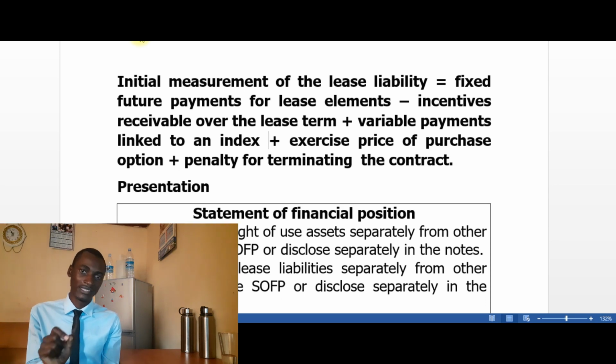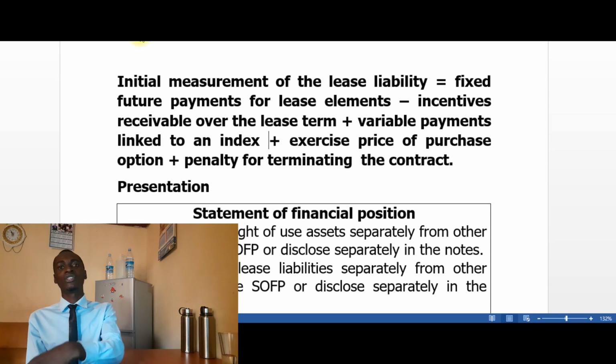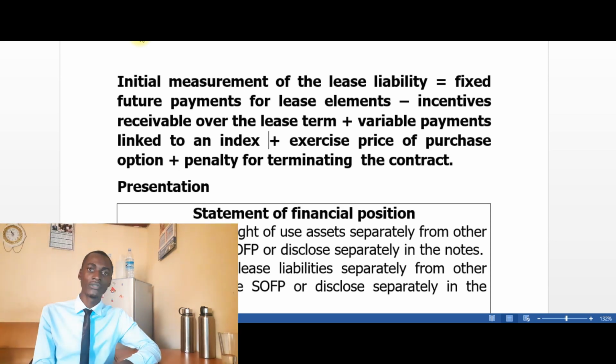But we have to deduct the incentives received. We also have to add the initial estimate of the restoring costs or the cost of removal of the leased asset. Then the lease liability is initially measured at the present value of the lease payments.